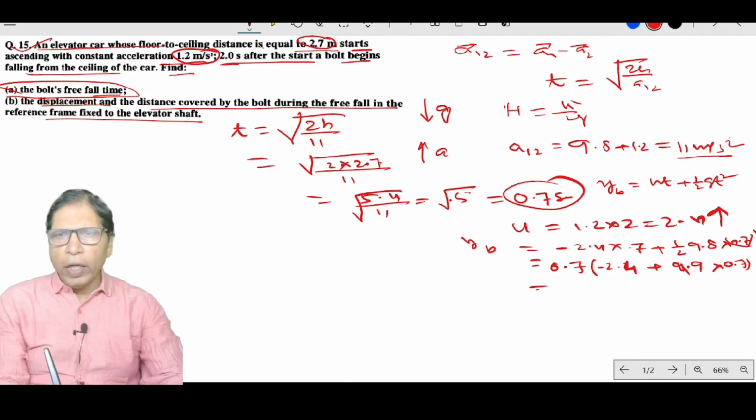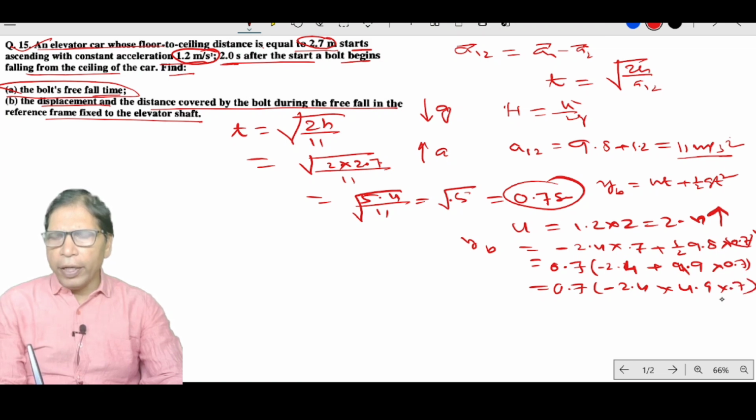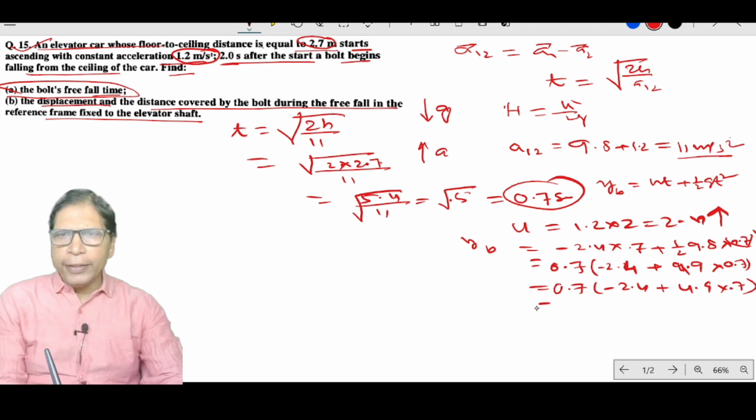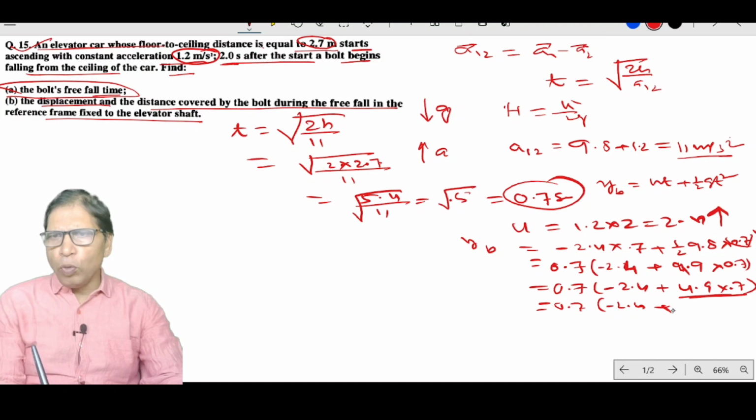So 0.7 into minus 2.4 plus 4.9 into 0.7. So 0.7 into minus 2.4 plus 3.4, which equals almost 0.7. So the displacement is 0.7 meter.